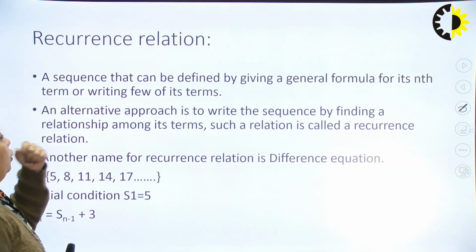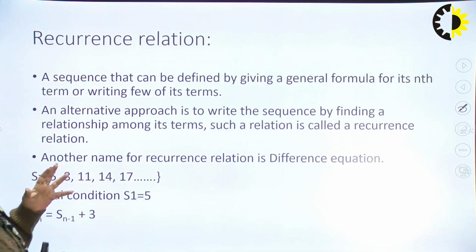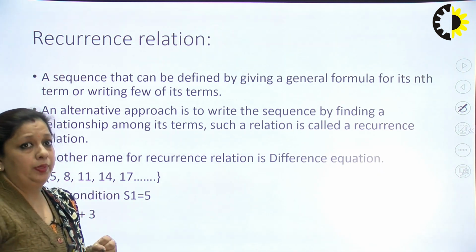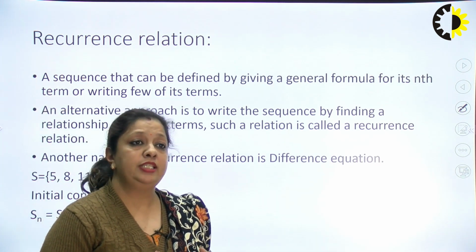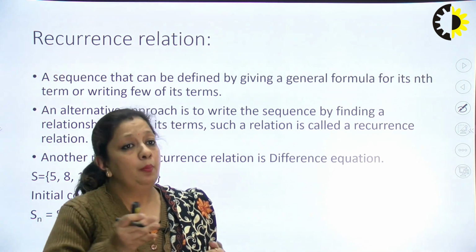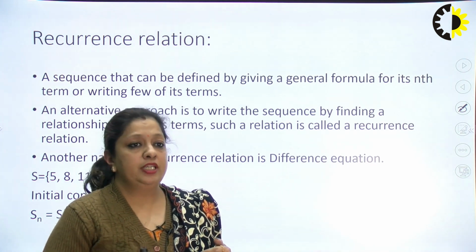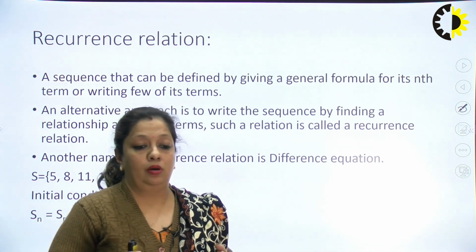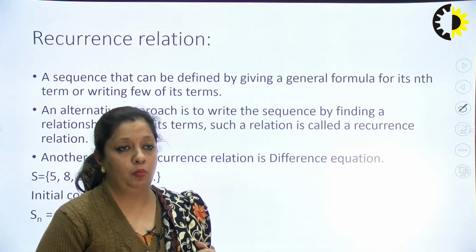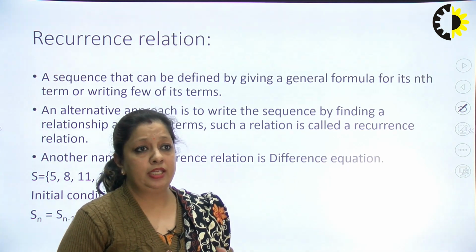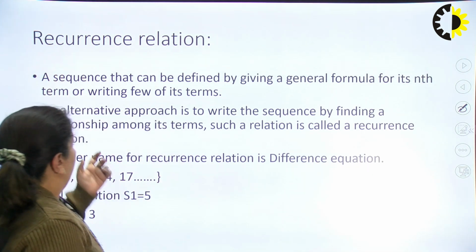A recurrence relation is nothing but a sequence which can be defined by giving a formula for its nth term by writing its previous terms. That is, we describe a formula in terms of the previous terms for the nth term, and such a relation is known as recurrence relation.